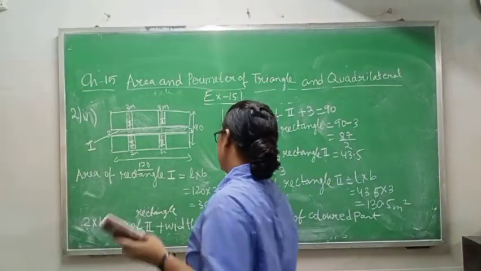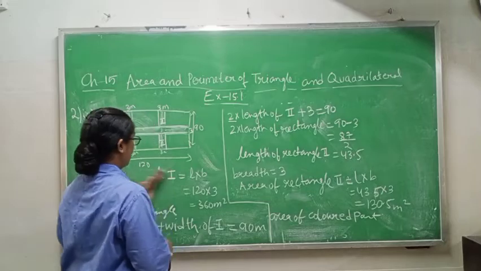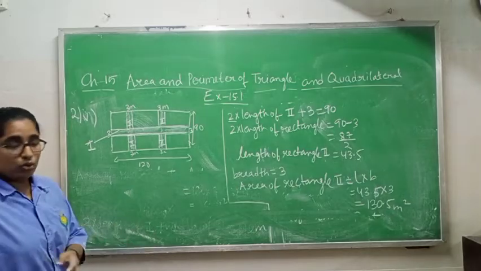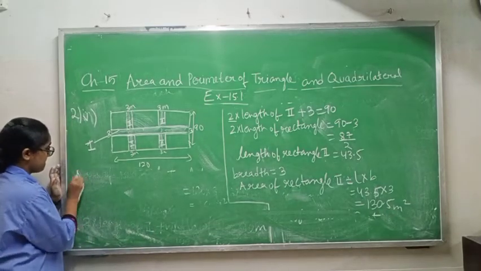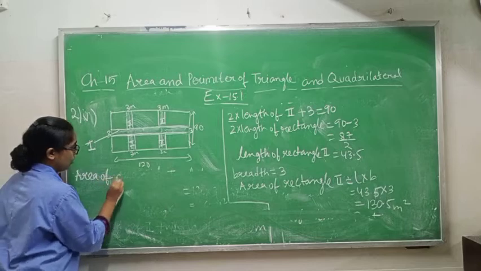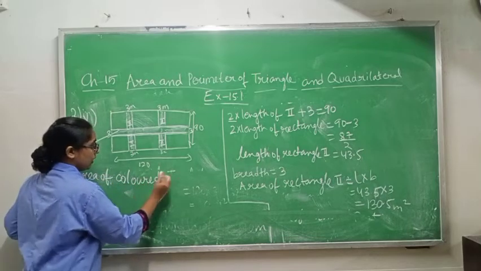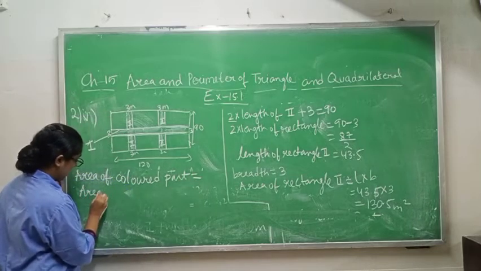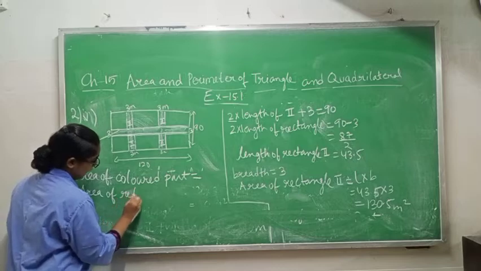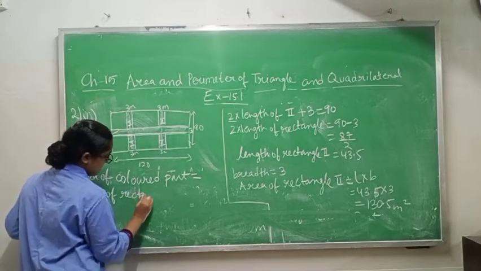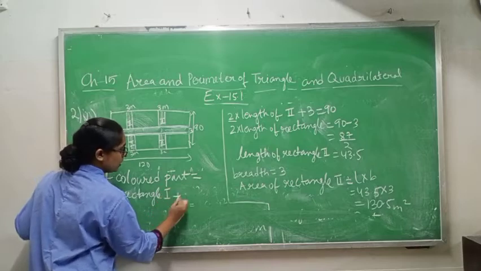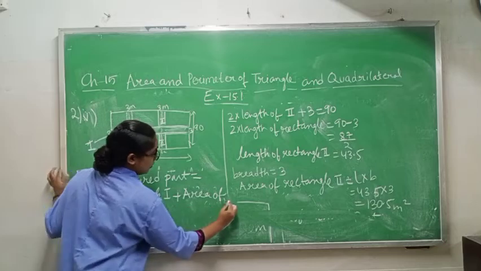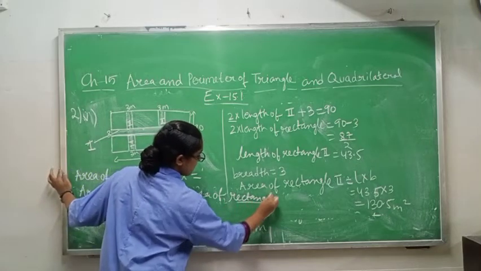Now you have to find, I am rubbing this portion, area of colored part. So area of colored part is equal to area of rectangle 1 plus area of rectangle 2.